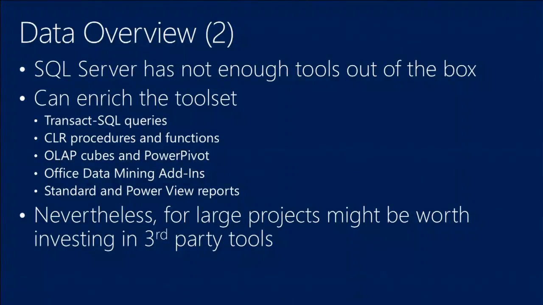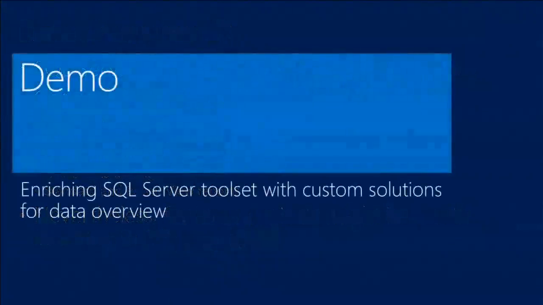But you see, I enriched SQL Server with CLR procedures, prepared all kinds of queries in stored procedures, so I can quickly calculate quite complex statistics and find data distribution, find whatever I need in this data. Nevertheless, if there is some third-party tool already in place, it might be very useful to use it.